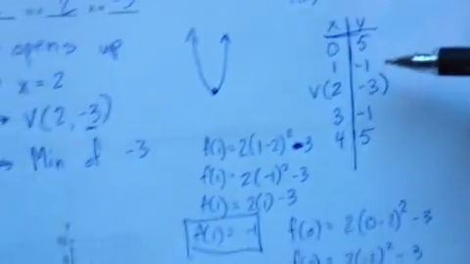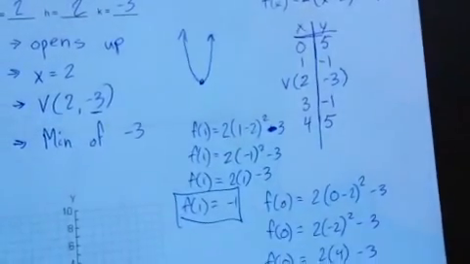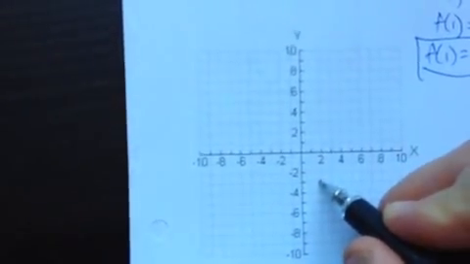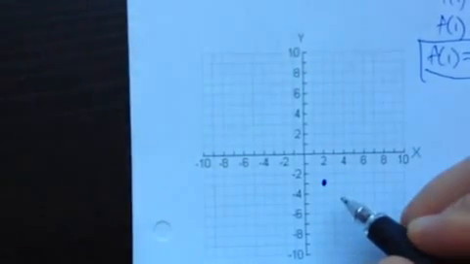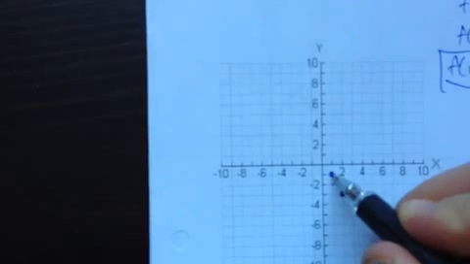Now I can use these points to come up with the picture of this. I'm going to label (2, negative 3) first. My next point, (1, negative 1), is right there.